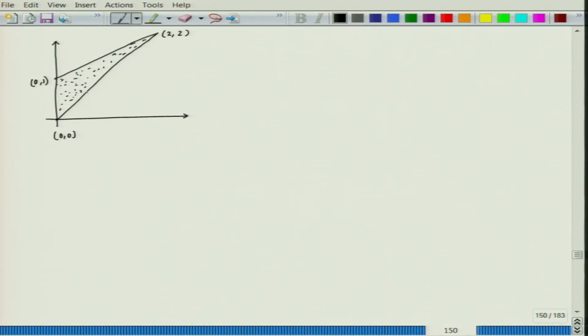Observe here that this region D is a region of type 1, but D is not a region of type 2.